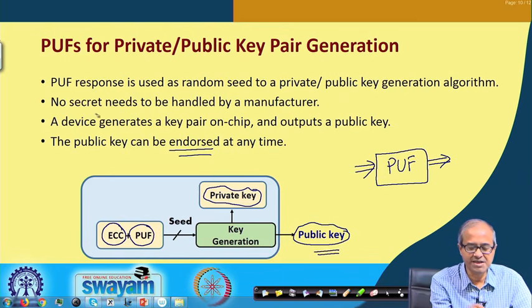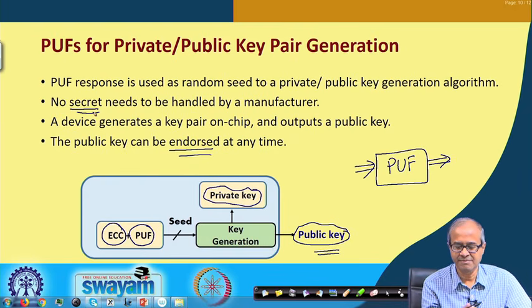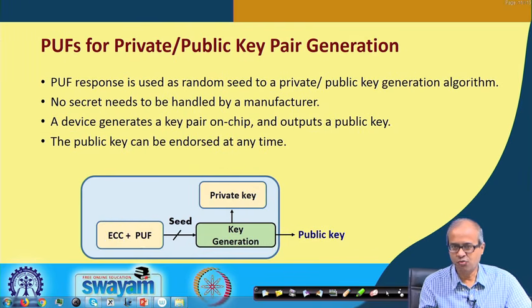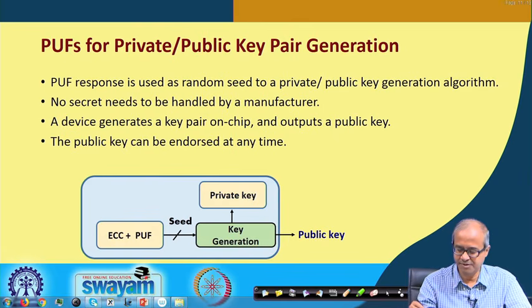So the manufacturer need not store any secret key value inside the chip, it will automatically be generated by the PUF mechanism, by the chip itself. This is how it works, and in terms of cryptography it helps a lot. It saves a lot of time and effort to manage the key and to secure the key inside the chip.